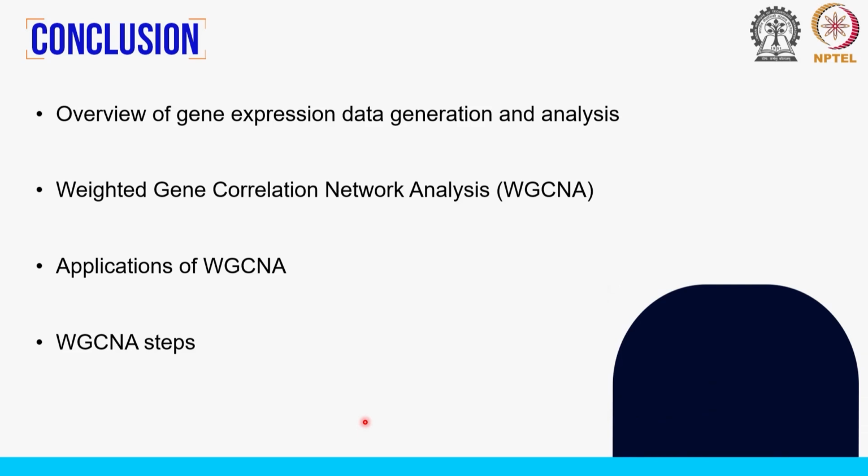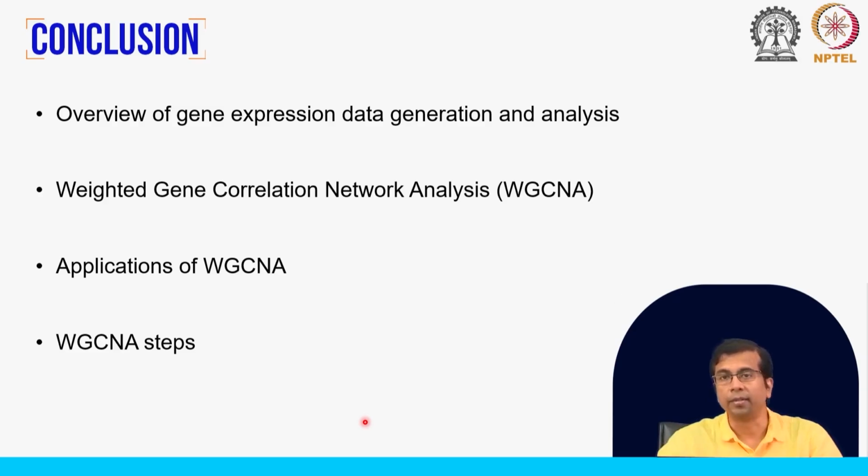The analysis that we will be focusing on, that we have talked about in this class and that we will be focusing on in the subsequent classes, is the weighted gene correlation network analysis, or WGCNA. I briefly introduced the idea of WGCNA, which is identifying modules of highly correlated genes, because this might give us insights into gene regulation, or it will enable us to identify hub genes that are probably driving a disease or cellular processes, and at the same time some of these genes could also be targets for therapeutic treatment.